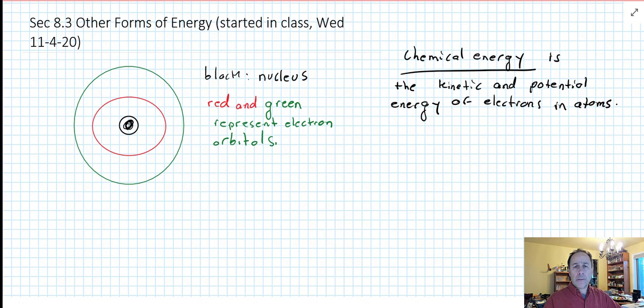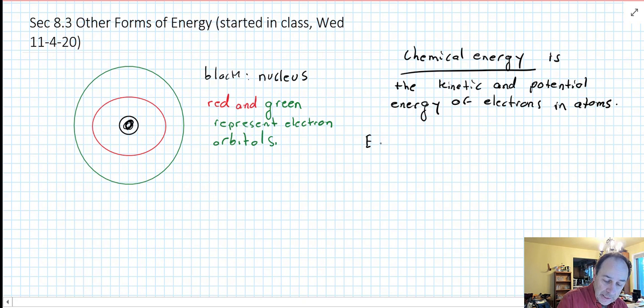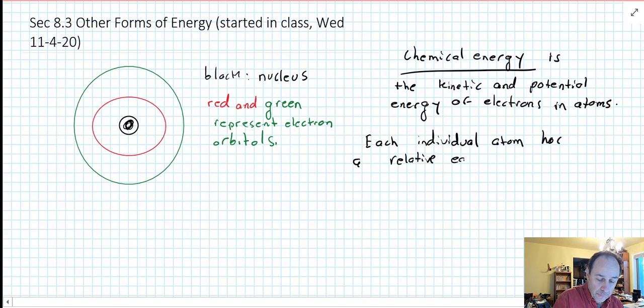So a stable element, an atom of a stable element, is stable. It's in an equilibrium. It's okay the way it is, like this atom right here. But when two atoms are brought together, what can happen is this: each individual atom has a relative equilibrium.